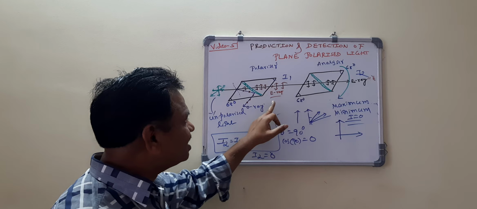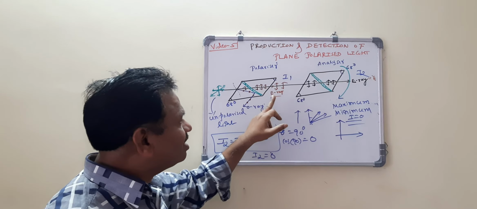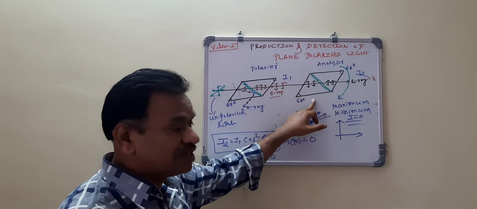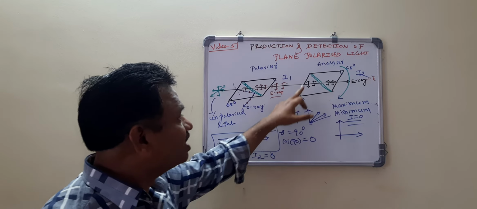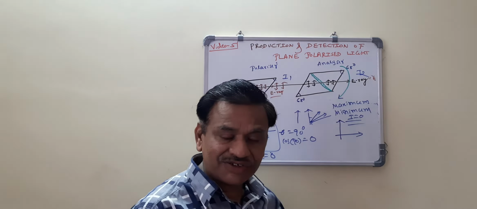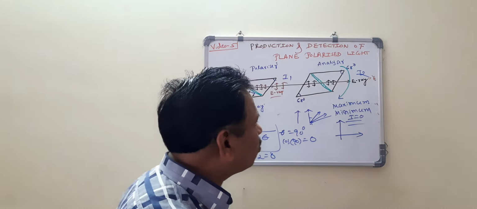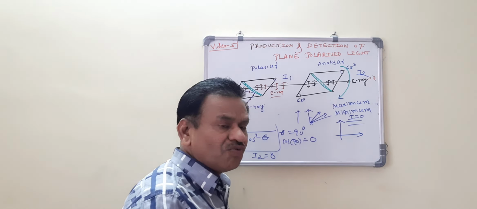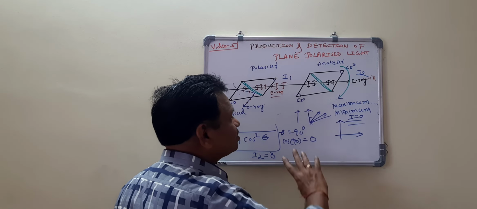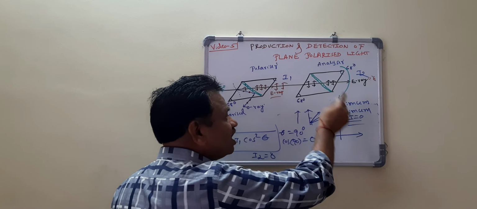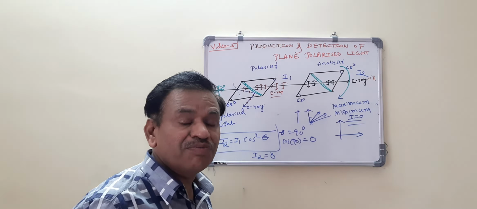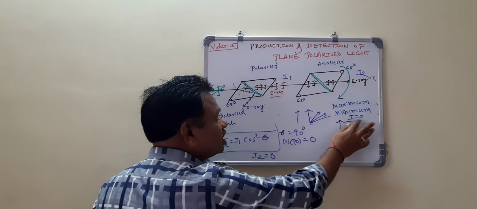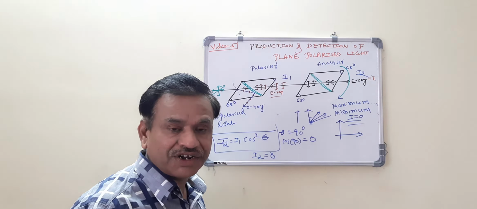Only the emergent E ray is allowed to pass through another Nicol prism, which is called the analyzer. Now go on rotating the analyzer. In one complete rotation, what happens is 2 times the maximum and 2 times the minimum intensity. Minimum means 0 is obtained.